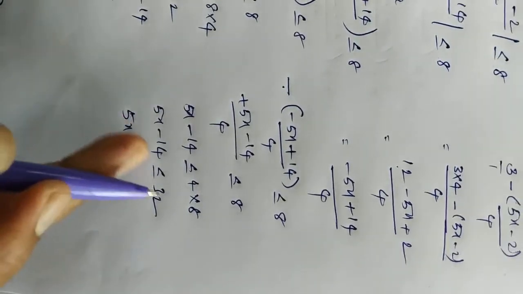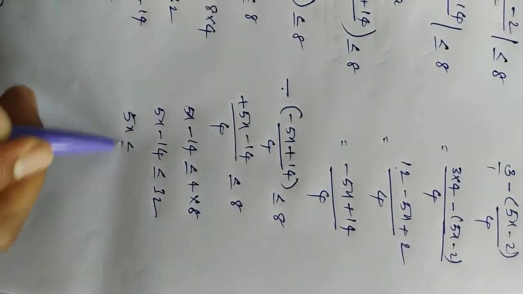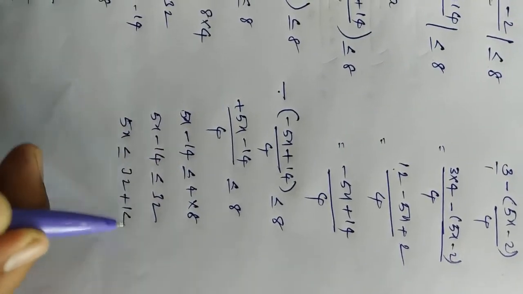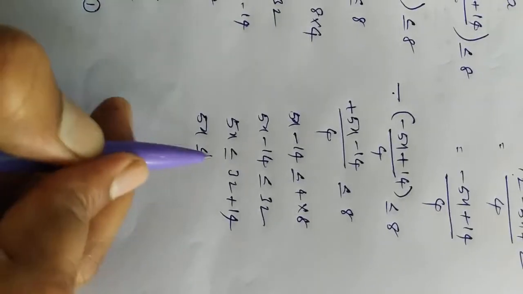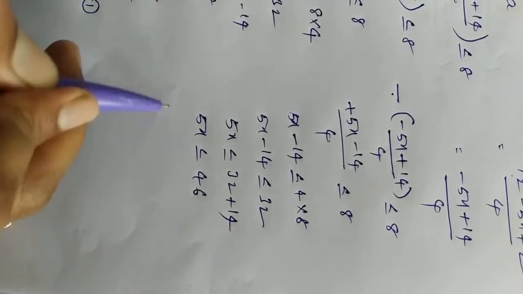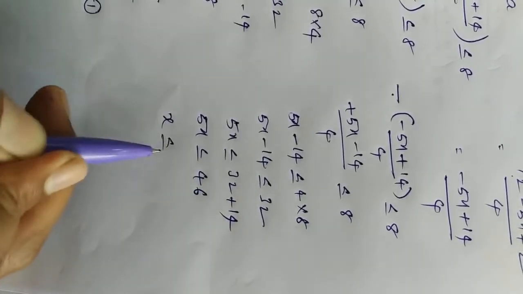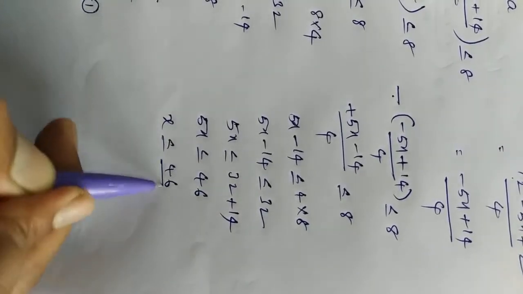Then 14 is moved to the right side: 5x is less than or equal to 32 plus 14, how much? 46. Now x is less than or equal to 46 by 5.